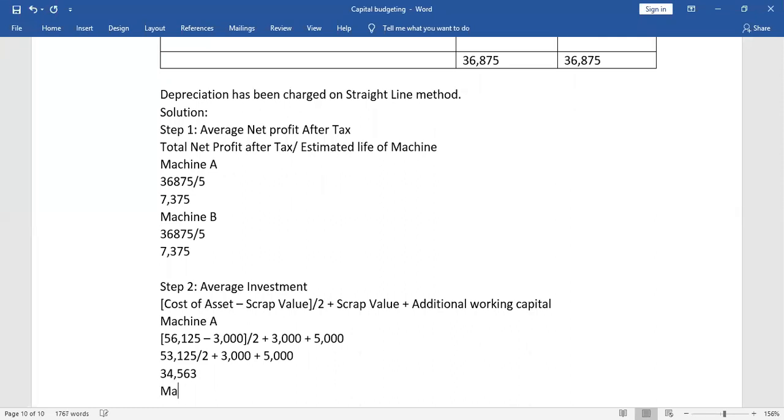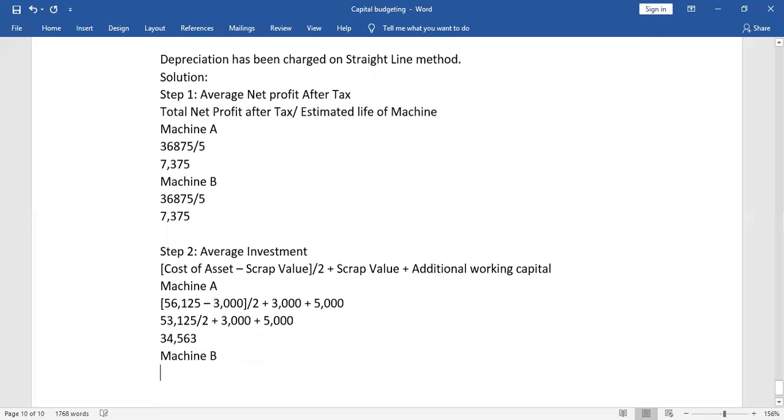Now I will find out the same for machine B. For machine B also the cost is the same, 56,125, and then we have to minus scrap value, which is also the same for both. Scrap value is 3,000. We have seen in the question that scrap value is the same for both.